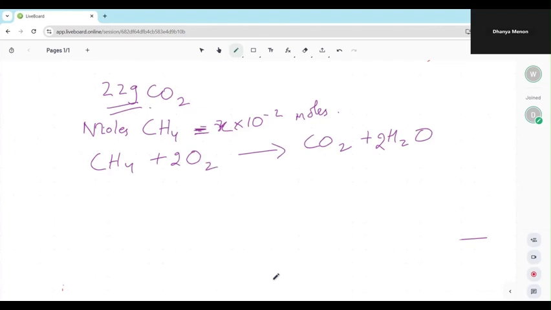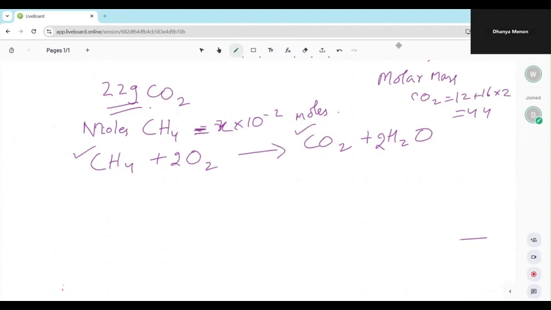Now, we will go with the stoichiometric equation. We are asked about methane. We are given information about carbon dioxide. Okay. Carbon is 12. Oxygen is 16. So the molar mass of carbon dioxide, carbon is 12 plus 16 times 2, which is equal to 44.